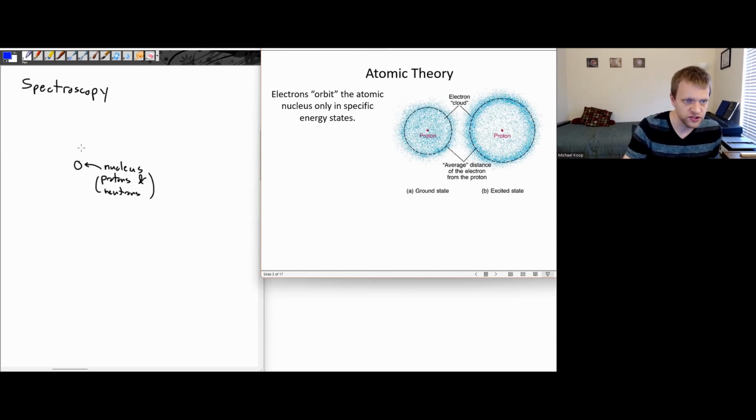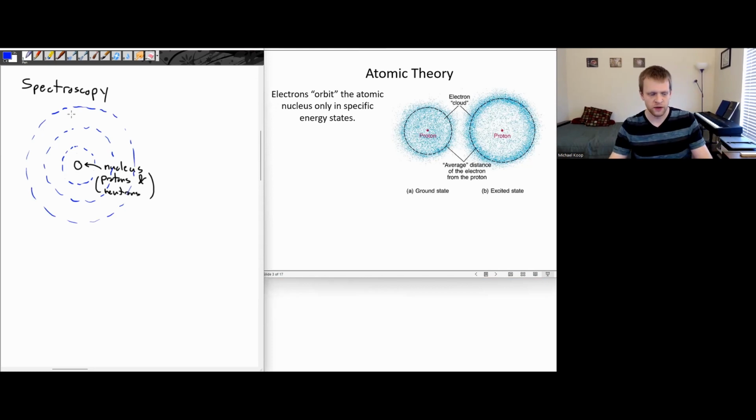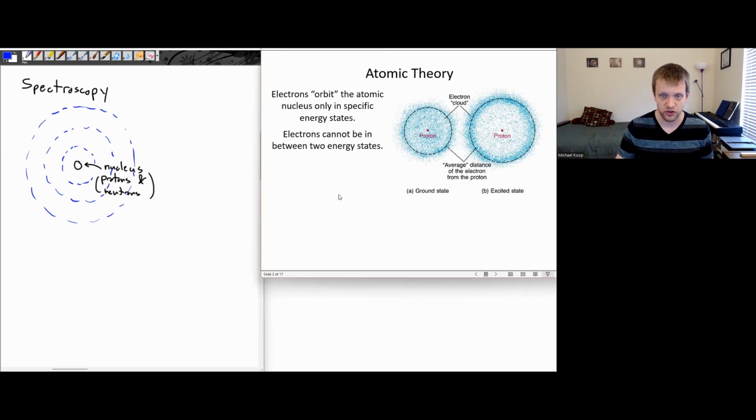If we were to draw these electrons going around the nucleus of the atom, we could draw something like this, and then there's another energy level here, and another energy level here. And you could draw more and more of these different possible energy states. So an electron that's orbiting around this atom can be in any one of those states. There are restrictions on how many electrons can be in each state, and some properties there that we're not going to worry about too much.